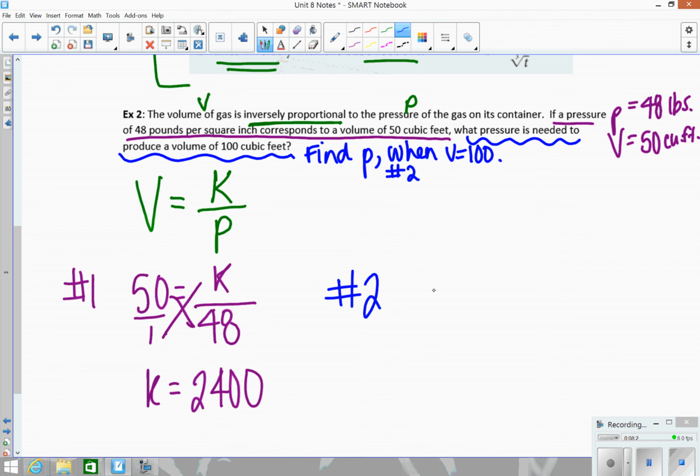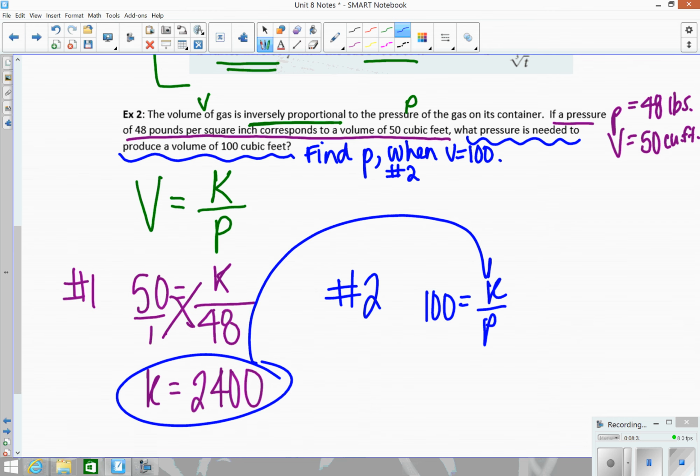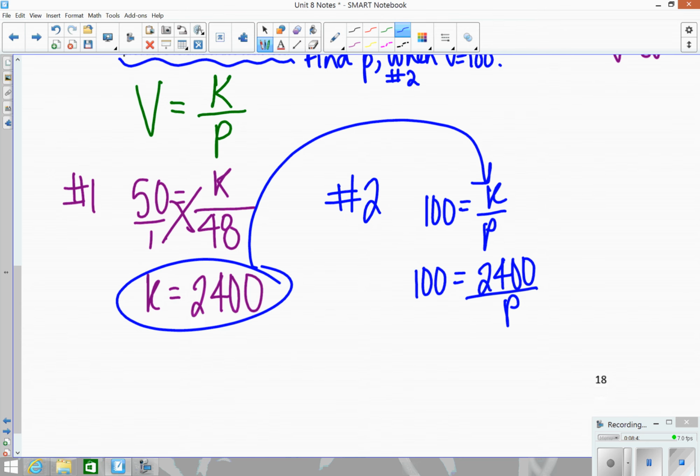Going to situation 2, I'm going to take this information and plug in. I'm trying to find P when V equals 100. I can plug in 2,400 for K, because remember that's the constant. So we have 2,400 over P, and we're trying to solve for P. Again, using this as a rational equation, put 100 over 1.